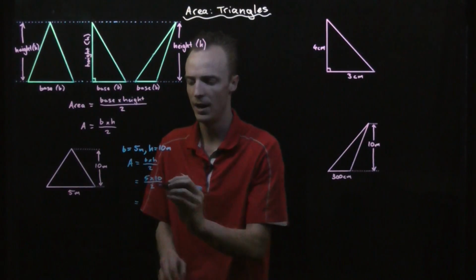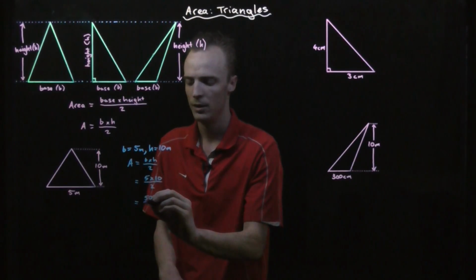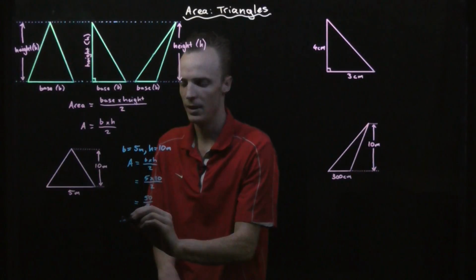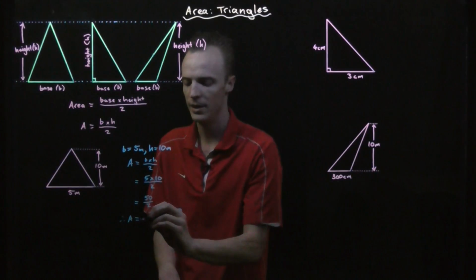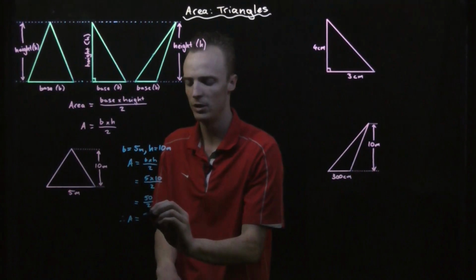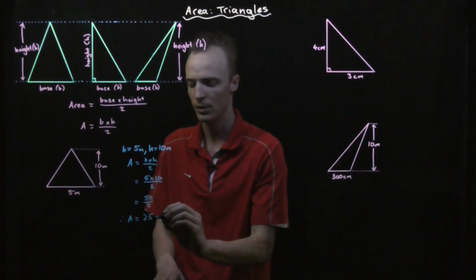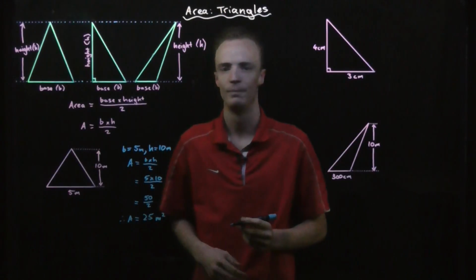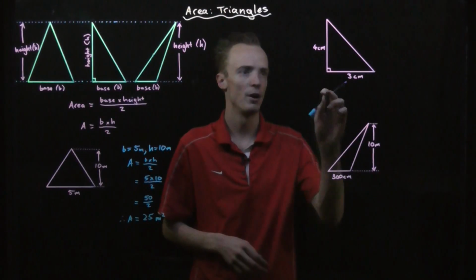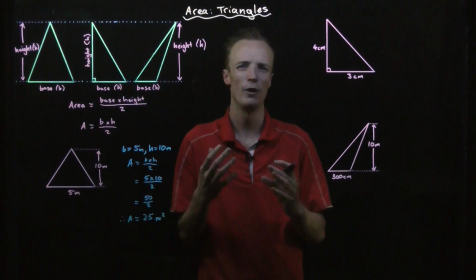Now 5 times 10 is 50, divided by 2. So therefore, our area is equal to 50 divided by 2, which is 25, and our units are in meters, so square meters.